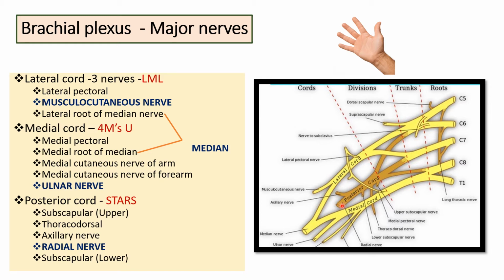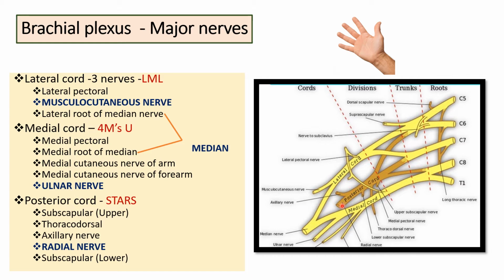And then there is one general rule before we proceed to the branches of the cords of the brachial plexus. The ventral divisions and the cords formed from these divisions, the branches coming out from them, in general supply the ventral or flexor aspect of the limb.